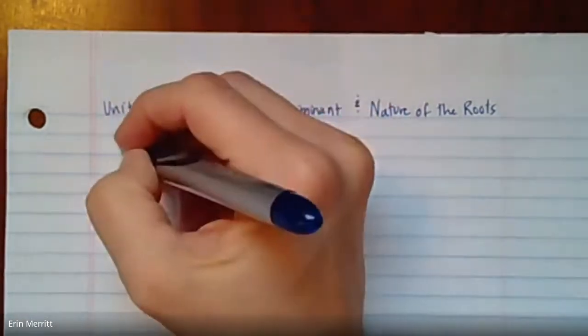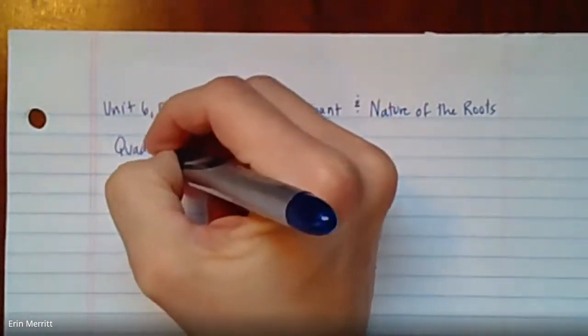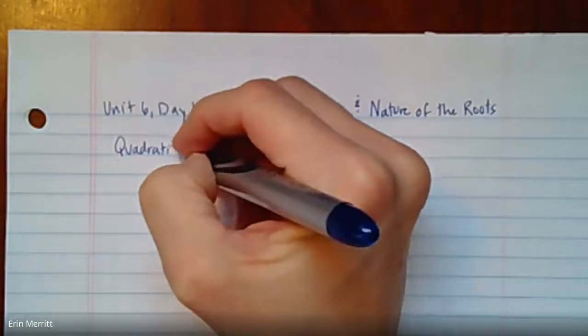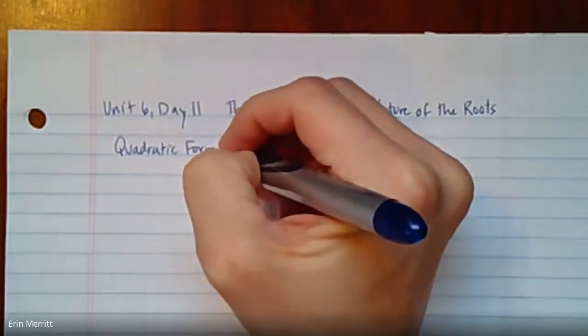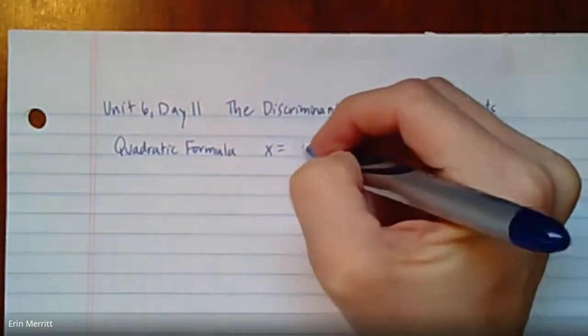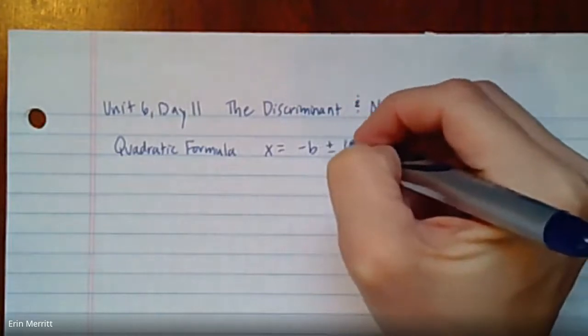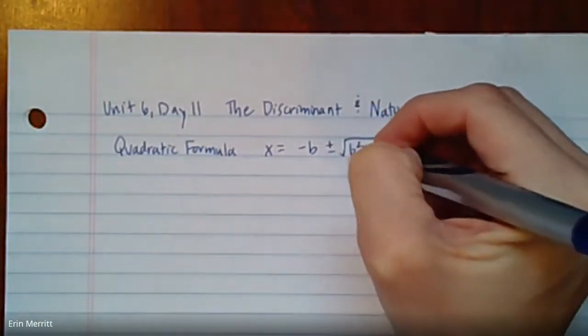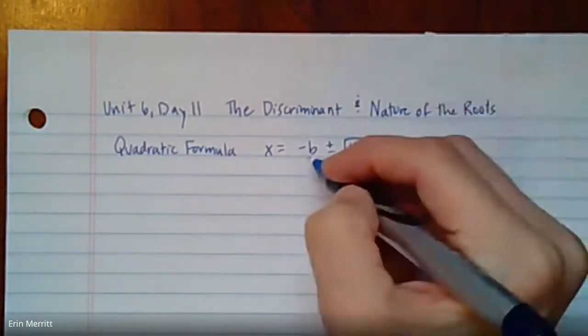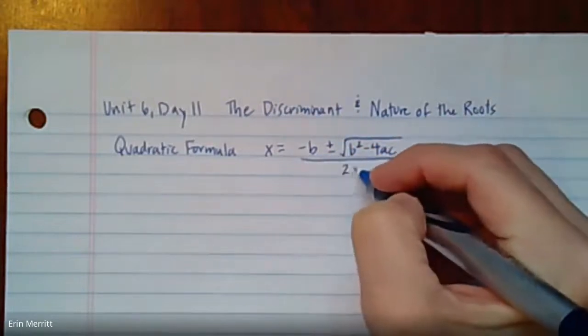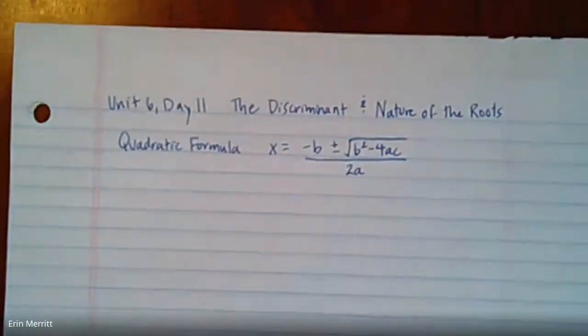So as a reminder of what we did yesterday, we were talking about the quadratic formula, which is x equals negative b plus or minus the square root of b squared minus 4ac, all of that divided by 2a.